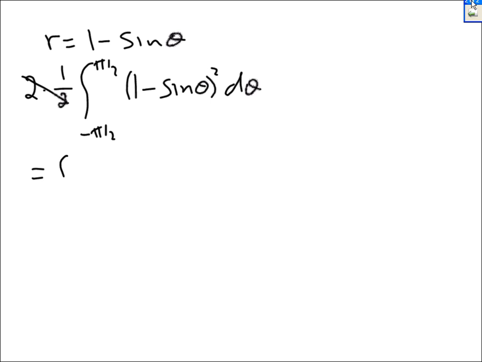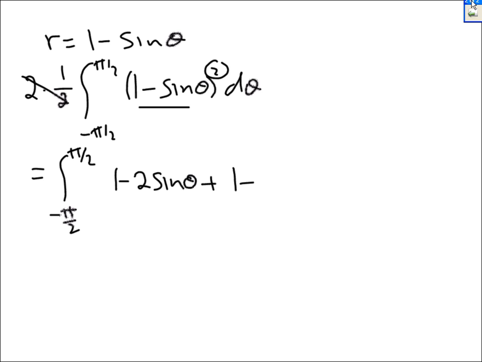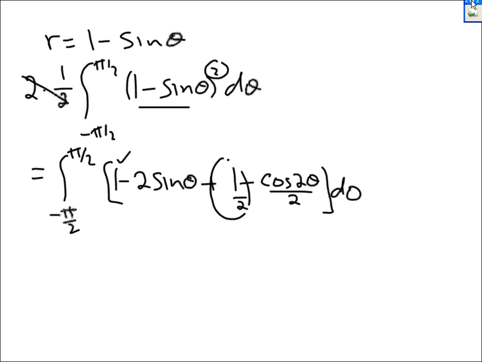So we have the integral from negative pi over 2 to pi over 2 of this squared d theta: 1 minus 2 sine theta plus sine squared theta. But we don't know how to integrate sine squared theta, but that's 1 minus cosine 2 theta all over 2, d theta. What I will say is 1 plus 1 over 2, I can combine that.